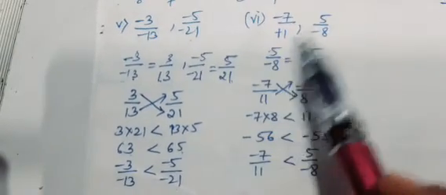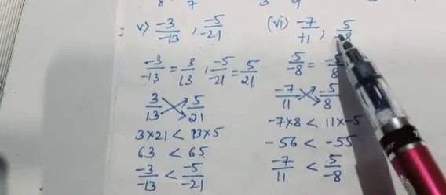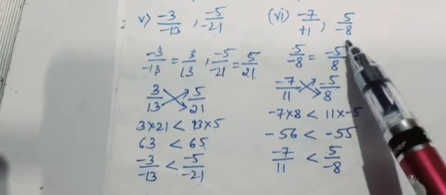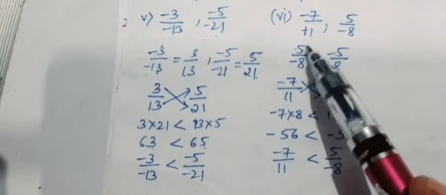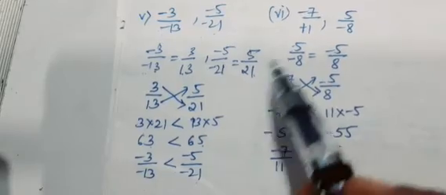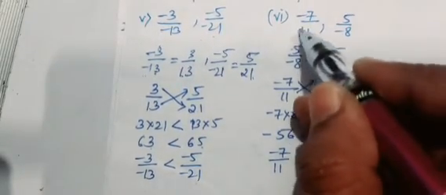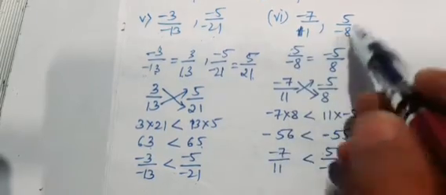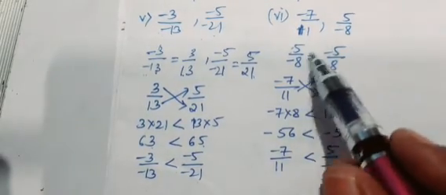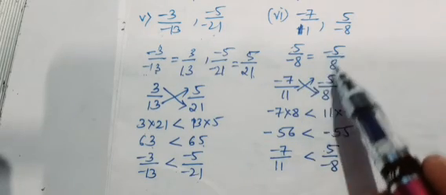Children, next is minus 7 by 11 and 5 by minus 8. Here 5 by minus 8 we write in the standard form as minus 5 by 8.